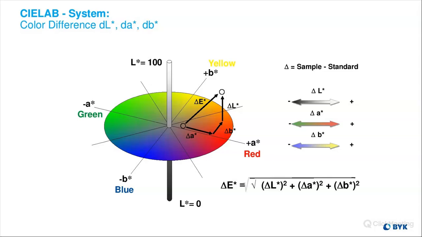And then what you have is your LAB values for that standard, and then you have your LAB values for your sample that you measure. And what you see is their difference in your A, your difference in your B, and your difference in your L all get square rooted and give you your total delta E, which is your total color difference between the two. And that's usually what people use for their tolerancing.